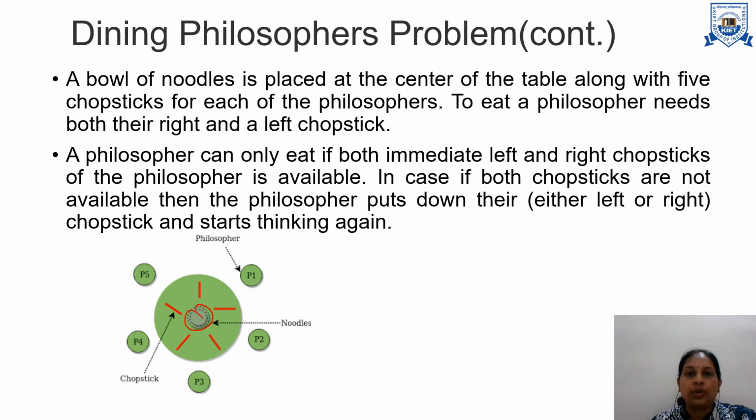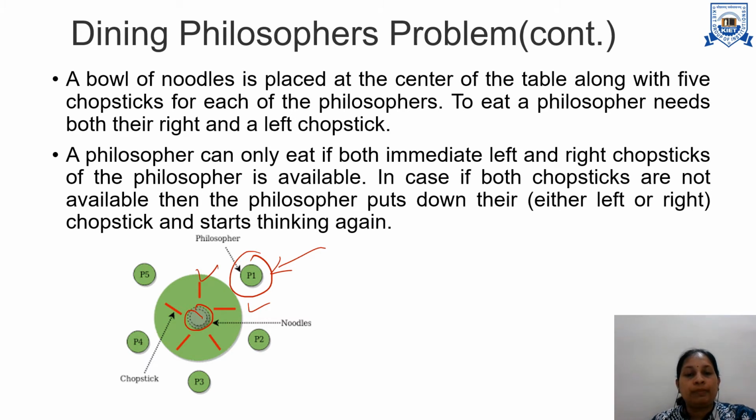The philosopher can only eat if both the immediate left and right chopsticks of the philosopher are available. In case both chopsticks are not available, then the philosopher puts down their left and right chopstick and starts thinking. Basically, this is representing that for a process, suppose process P1, if P1 wants to complete its task, then it needs two resources, this one and this one.